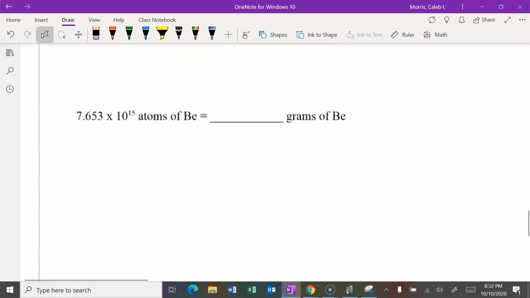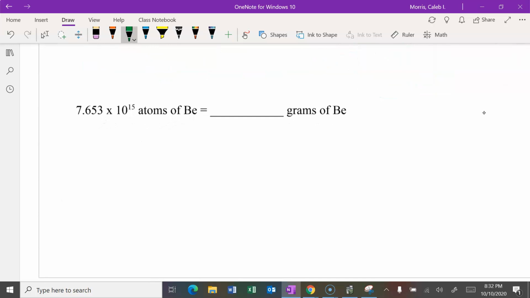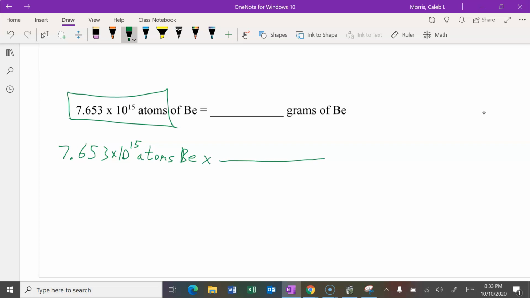So I have 7.653 times 10 to the 15th atoms of Be. It's key that we read our units. Atoms, that tells me I need particles on the bottom.